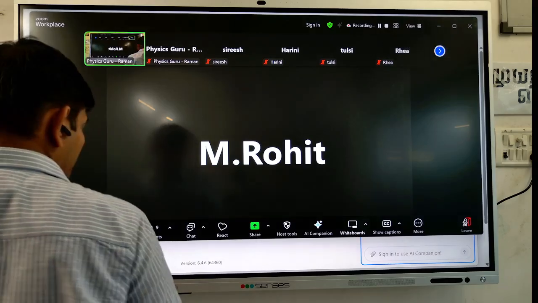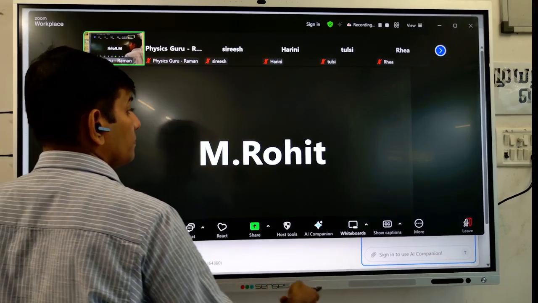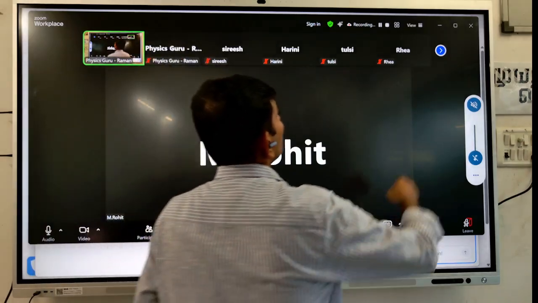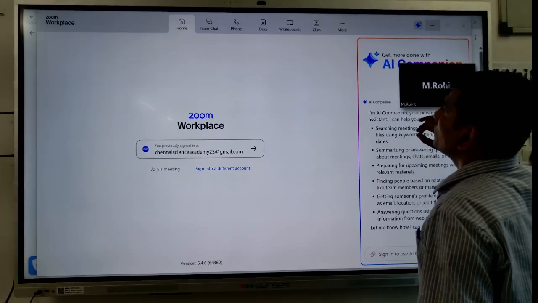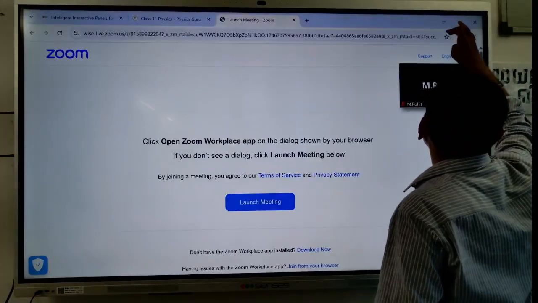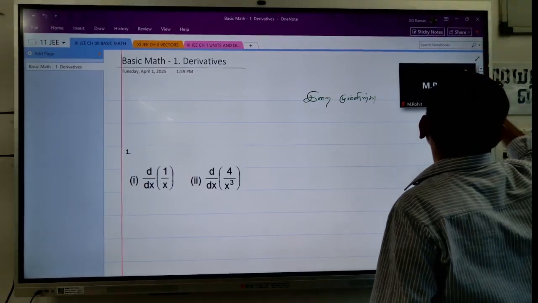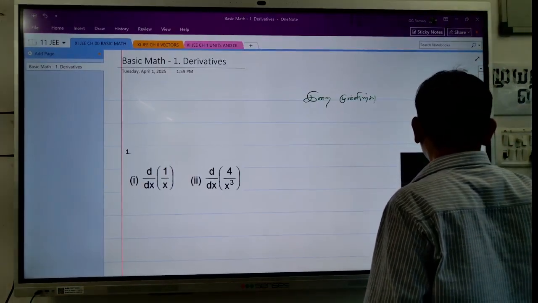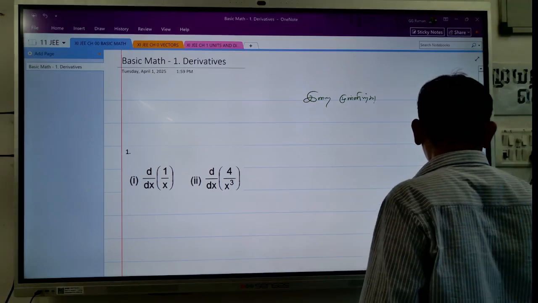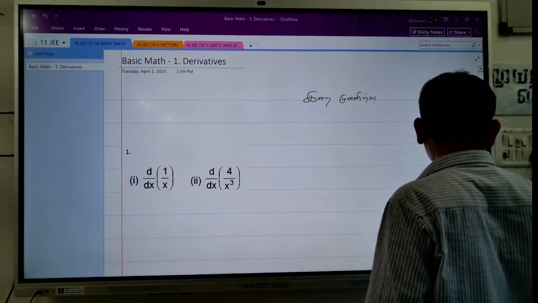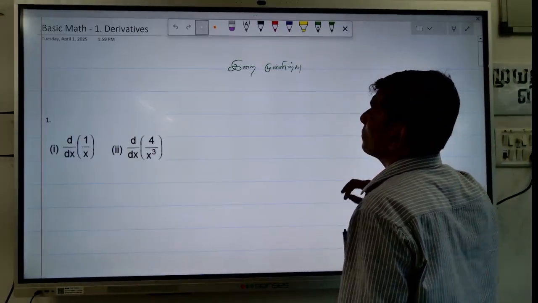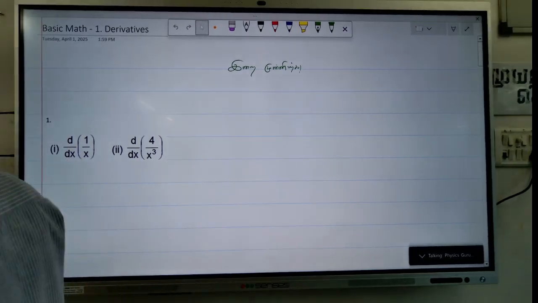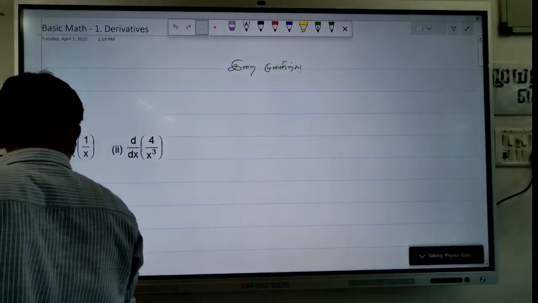So where did we stop? So this is the place I think where we start.